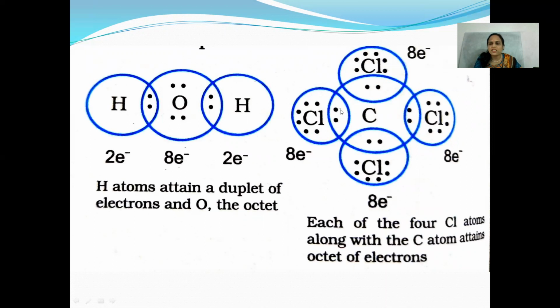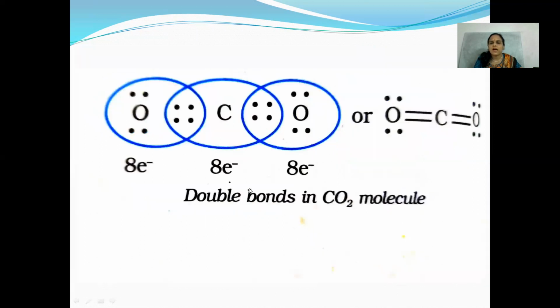Take the case of the CCl4 molecule. Carbon has completed its octet by sharing of electrons, and Cl also has completed its octet by mutual sharing of electrons. Carbon dioxide, CO2. You can see the Lewis structure, the dot structure, of a carbon dioxide molecule.